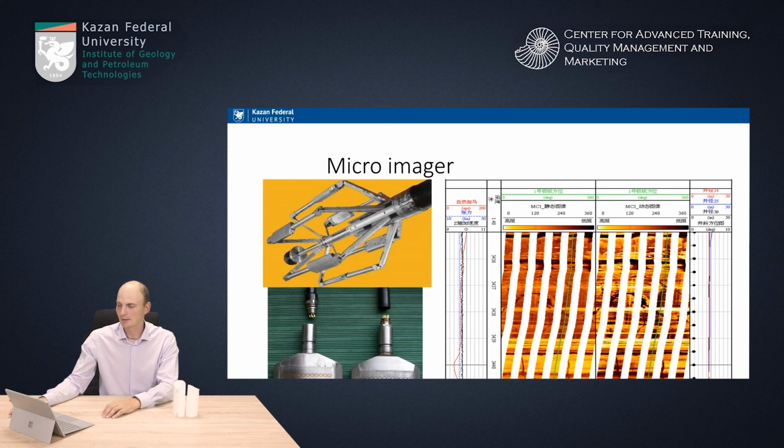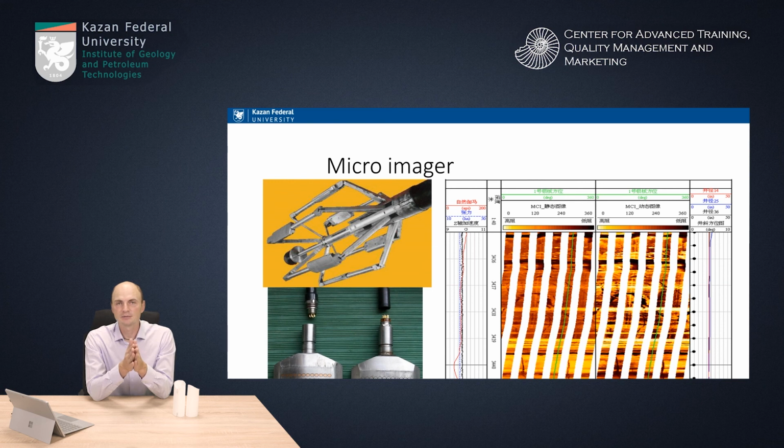Because of it, we can see that something is crossing our well at a certain angle. In this case, that something is a fracture. So the formation microimager allows us to find the fractures in the formation, and not only find them, but also estimate their geometry.